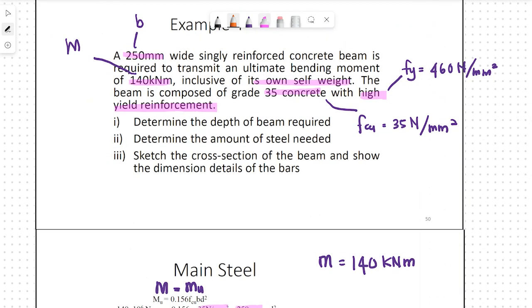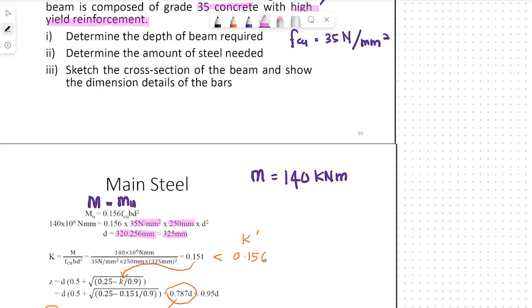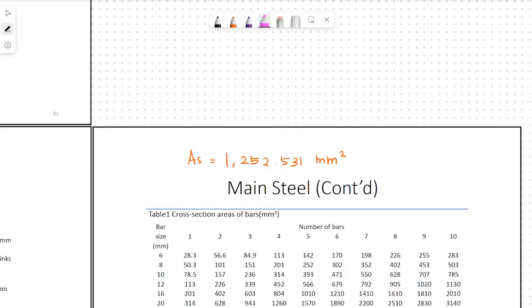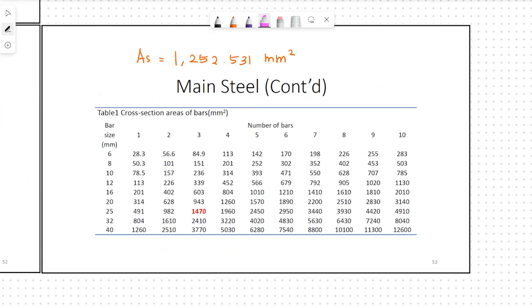Because if the breadth is too small, like in example number 3, it is only 180 mm. That's why it is too crammed. So here it is 250, so you estimate maybe it is possible. If you want to use 3T25, doesn't matter, we can try. Or maybe you want to use 4T20 also can. But we have to check the spacing.